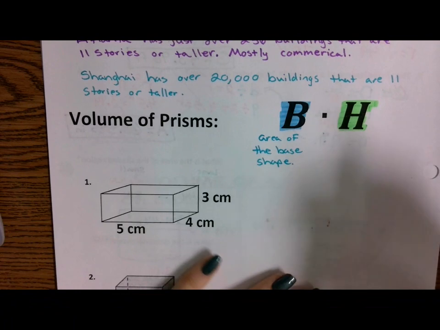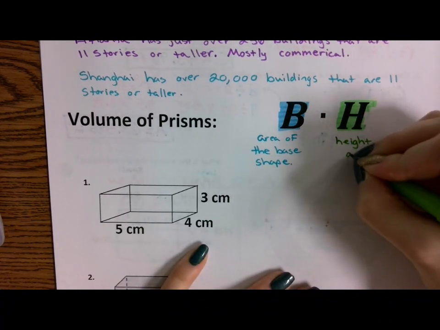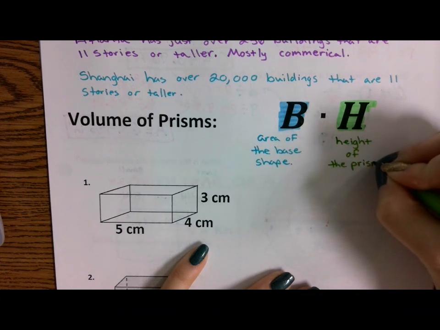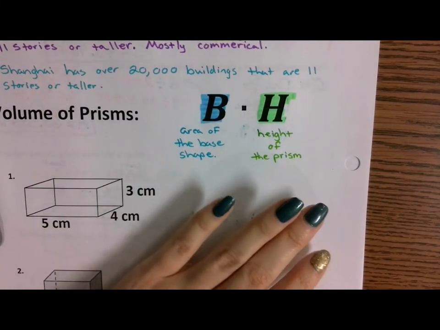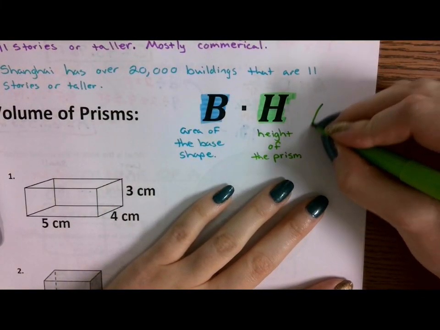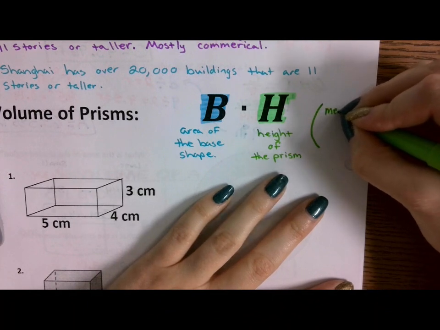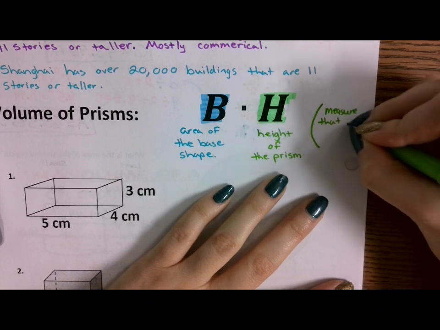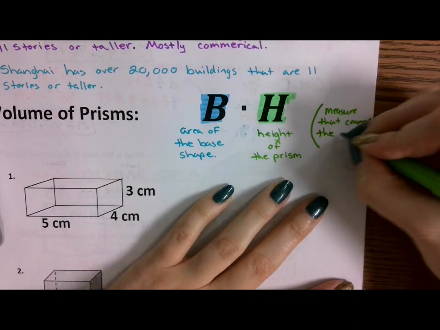Okay? Big H is going to represent the height of the prism. Big H represents the height of the prism. And you can find the height of the prism by the measurement. Okay? It's the measurement that connects the two bases.